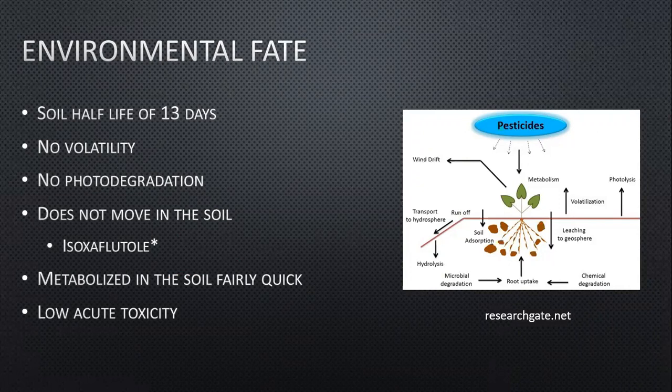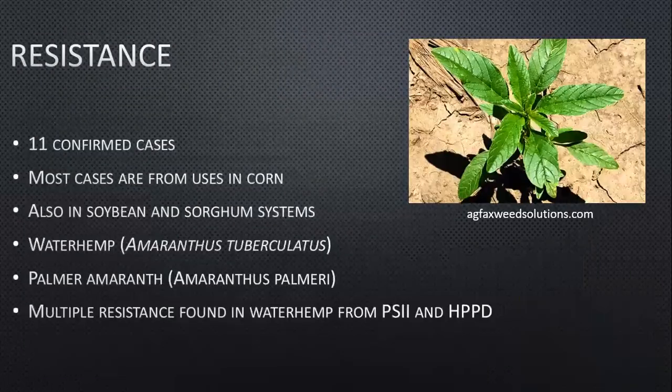Isoxaflutole is kind of an outlier where you do have some movement in the soil profile depending on the soil textures. The soil half-life is only 13 days, and it gets metabolized in the soil.